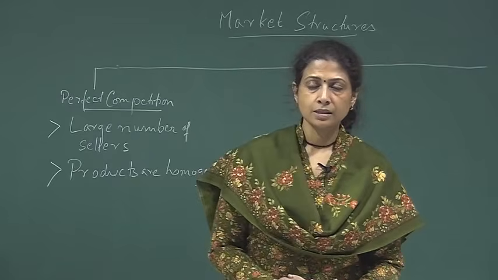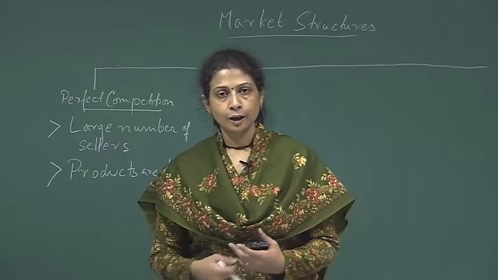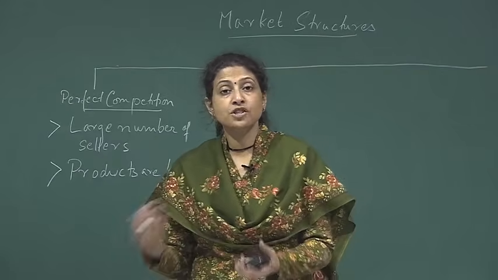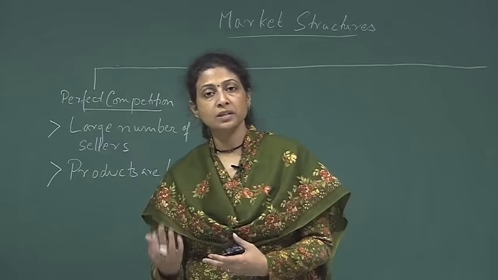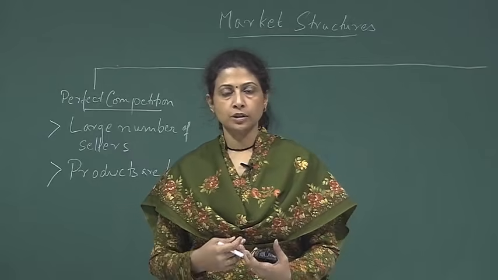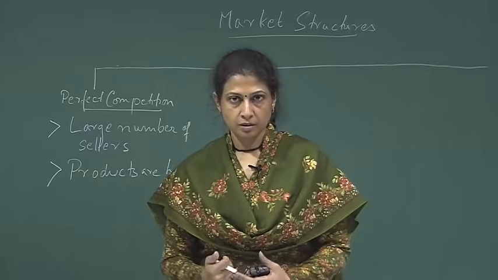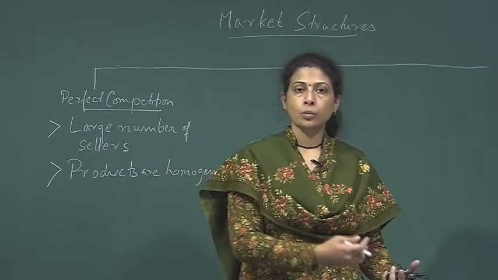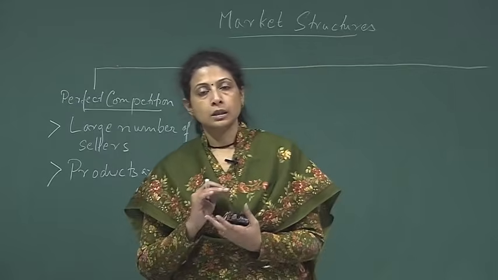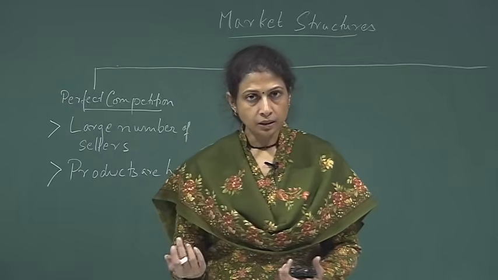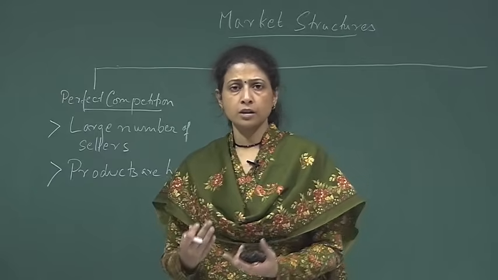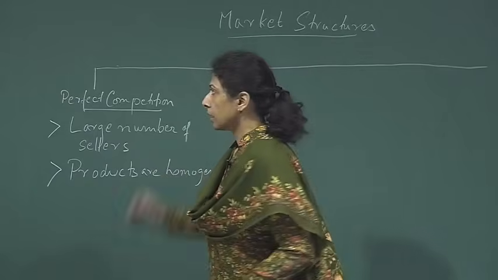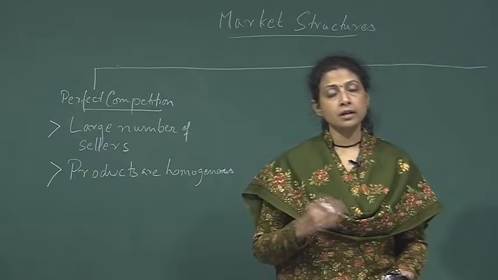That does not mean that literally they are exactly similar. What that means is, to the consumer, they are deemed similar. So whether the product has been purchased from seller number 1 or seller number 2, to the buyer it does not make any difference. It's very difficult to differentiate the products from each other, and that is what I mean when I say that the products are homogeneous.